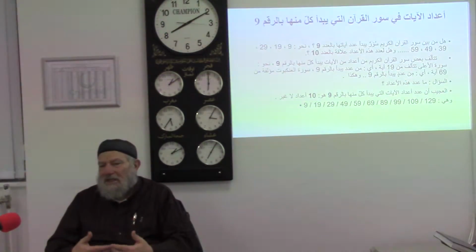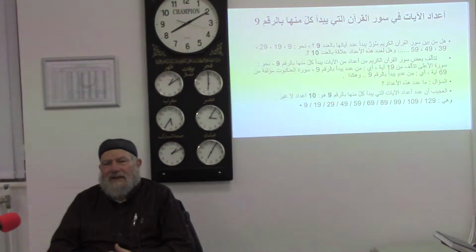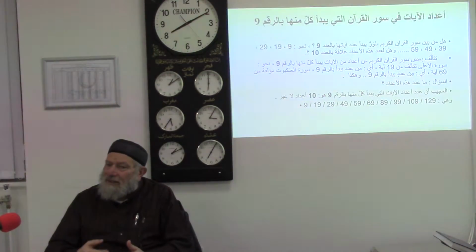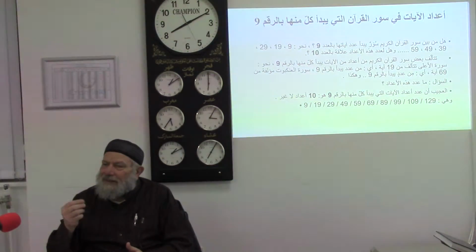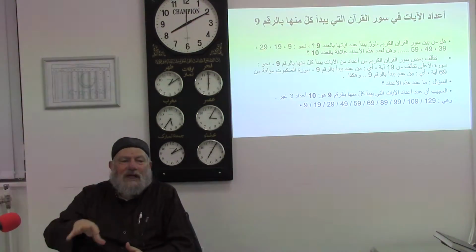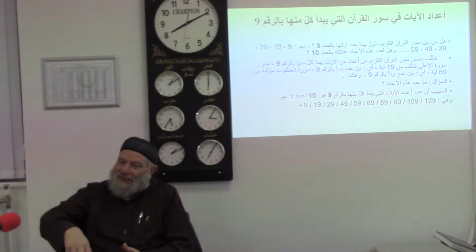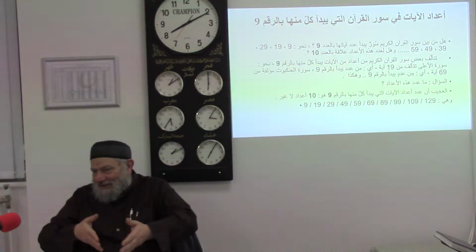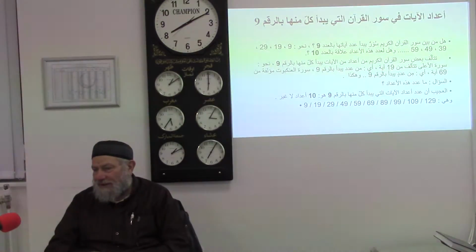And I remember I read a study before about the number 23. The whole thing is that this is what I believe: there is no doubt that there is a numerical miracle in the Quran. So someone will discover this, someone will discover the other thing.